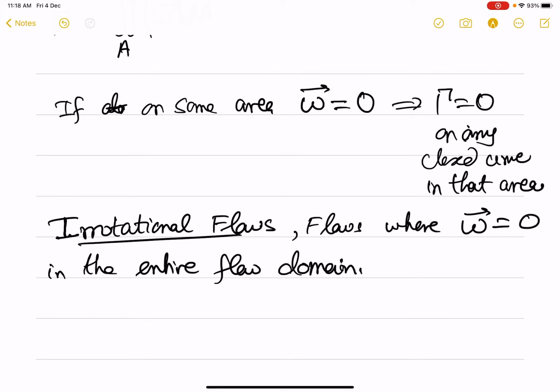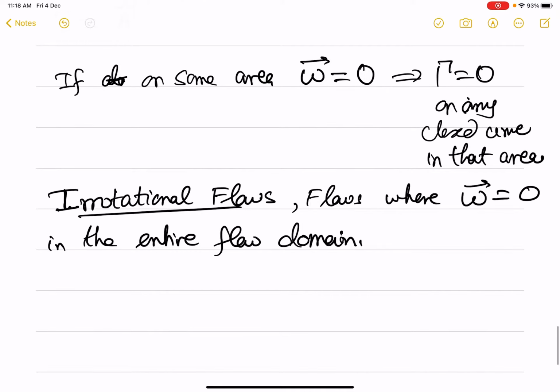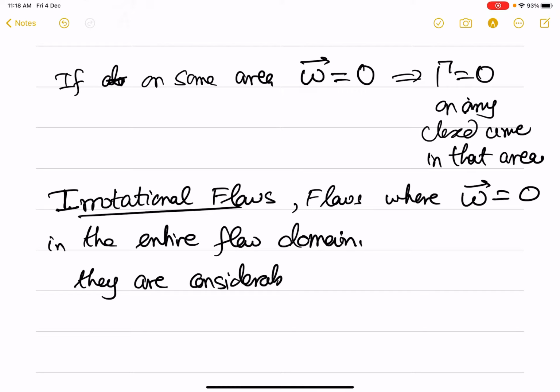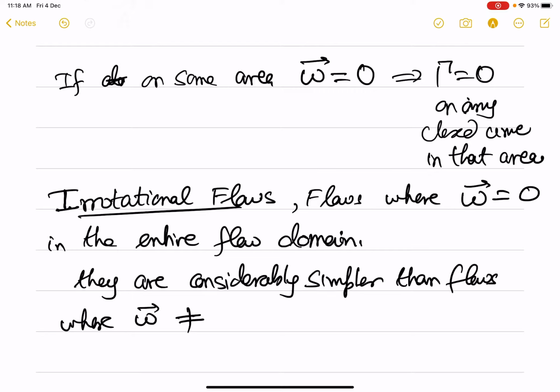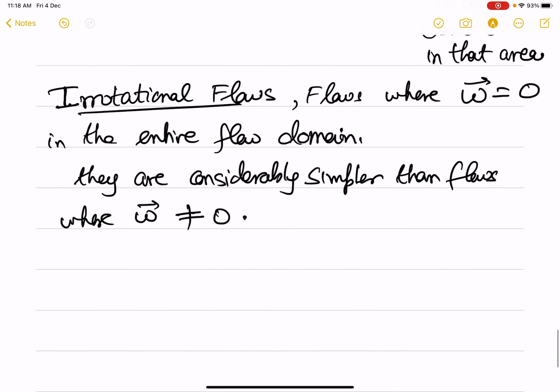Flows where vorticity is 0 are called irrotational flows, and the reason we study them is that they are considerably simpler than flows where omega is not equal to 0.